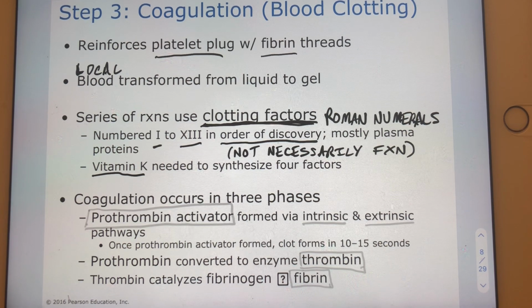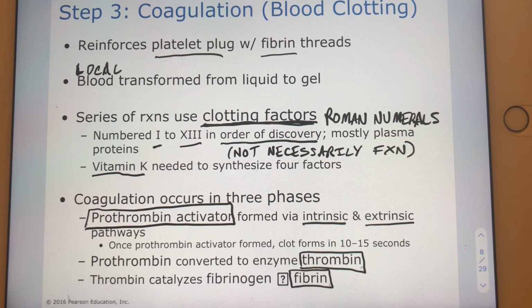In both pathways, again, the intrinsic and extrinsic pathways, we're going to yield first prothrombin activator, and then using prothrombin activator, we're going to yield thrombin, and then using thrombin, we're going to yield fibrin. So 3 major steps or phases, no matter what pathway.